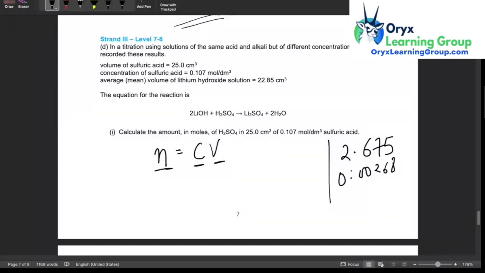So how many have got the first answer, 2.675? Two people got this answer. Anybody who got the second answer? Okay. So two people have got the first answer, two people have got the second answer. What about others? Have you got any other answer?